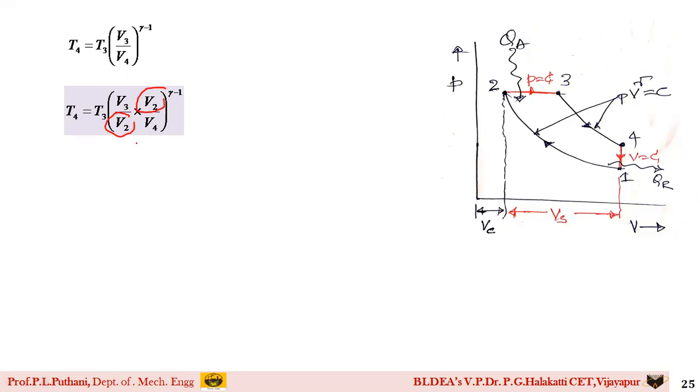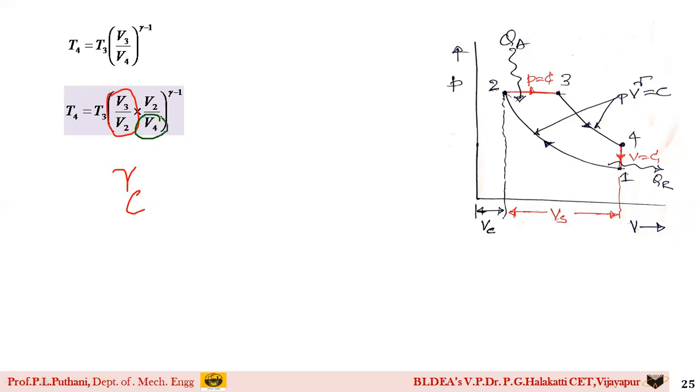So no change, students. If these terms get cancelled, again you are getting the same form, V3 by V4. So why I am doing this method? Please observe here. V3 by V2, if I write here, I can write it in terms of the cutoff ratio RC.